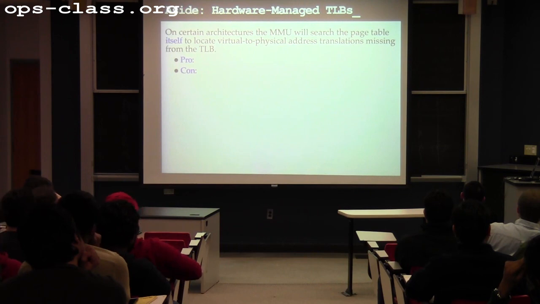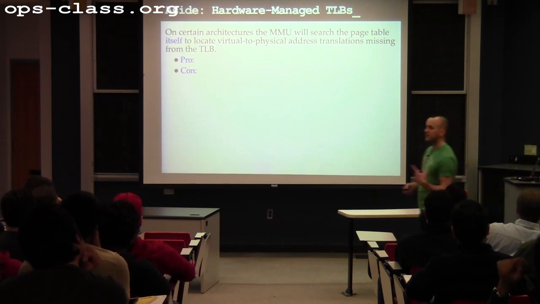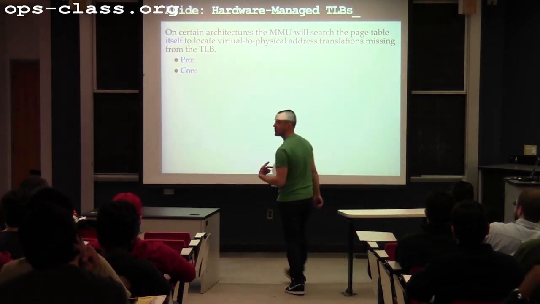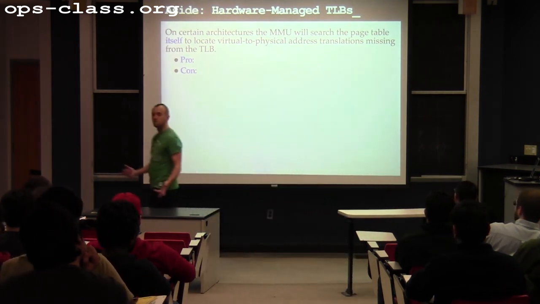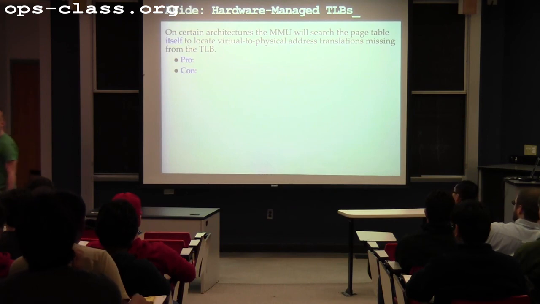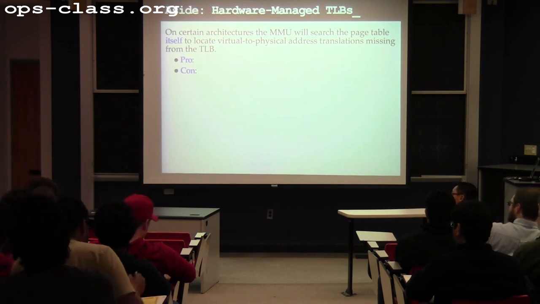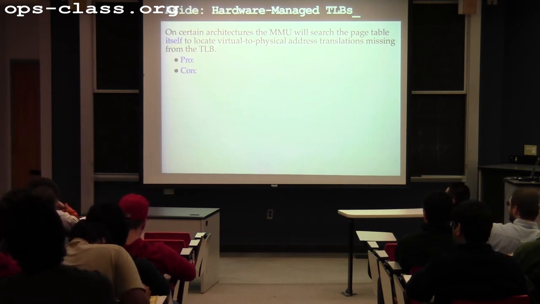So when I get a fault, with the architecture we've been talking about so far, if I can't locate the page in the TLB, what happens? I ask the kernel for help. I generate an exception. On a hardware managed TLB, the hardware will look through the process's page tables. It'll walk the process's page tables.